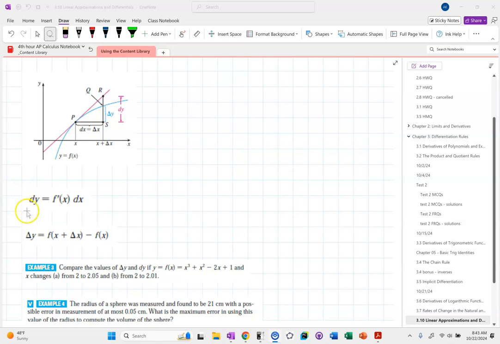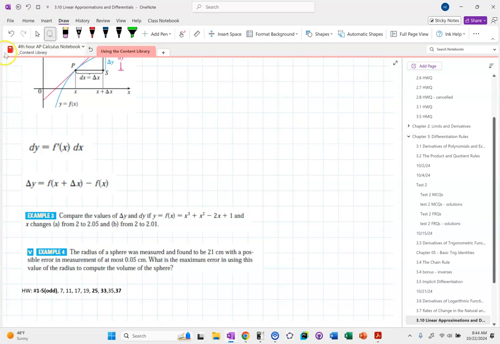So that's what we've represented here. So dy is equal to f prime of x times the change in x. And again, the x here is the starting value. And here we have the new y coordinate minus the old y coordinate.